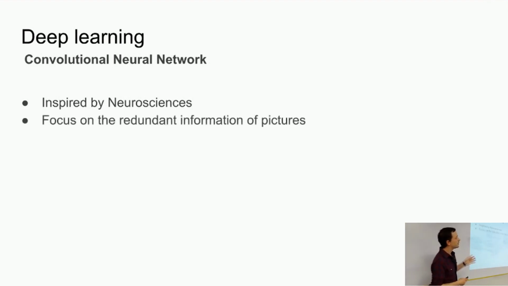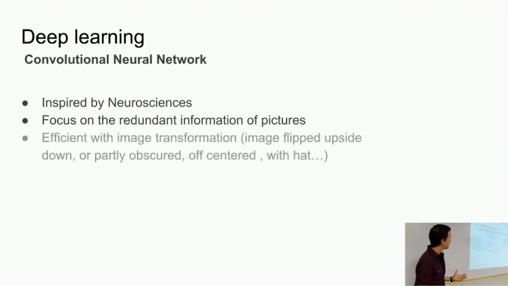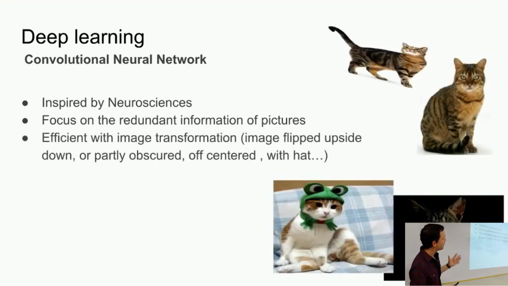The convolutional neural network will focus on a very common pattern of the picture of the class of object you're trying to classify. So why is it more efficient than others? The convolutional neural network is not sensitive to image distortion or dark images where shadow is very present in the picture.